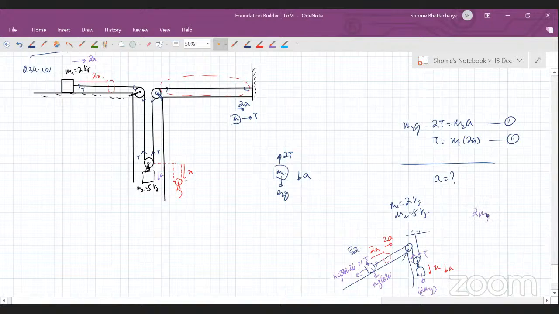Now just solve the equations. So 2mg minus 2T is equal to 2m, the mass of that block, into the downward acceleration. This is for the vertical block, and for this one, T minus mg sin 30 is equal to m into 2a. So you have to solve these two equations. Okay, good.